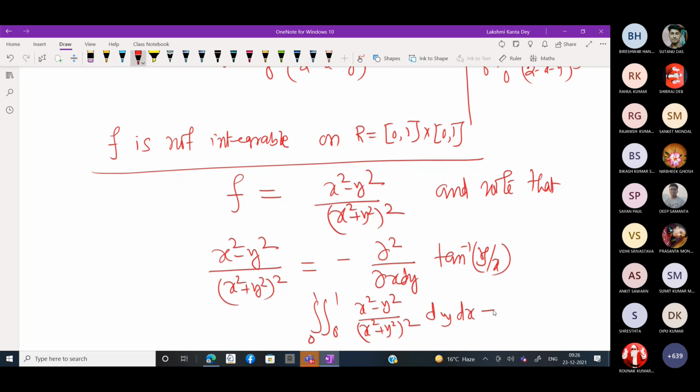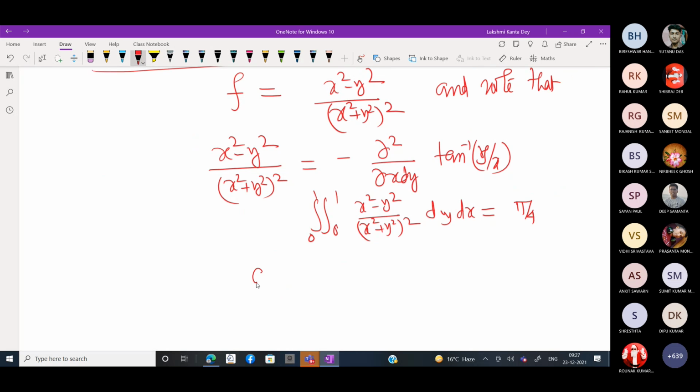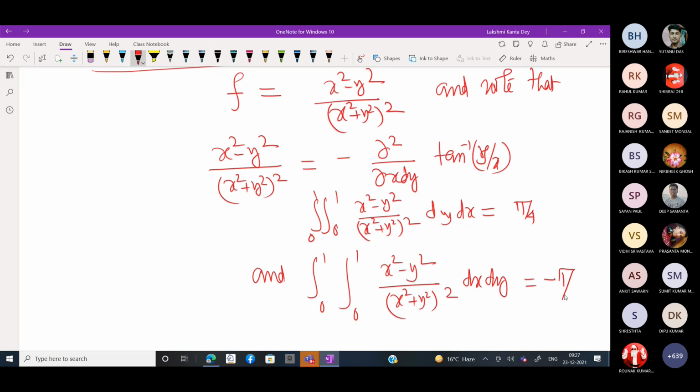This will be 5 by 4. So, integral 0 to 1, 0 to 1, (x square minus y square) by (x square plus y square) whole square dx dy. This will be minus pi by 4. Okay, so in this case also same thing, because both the iterated integrals exist and they are not same.